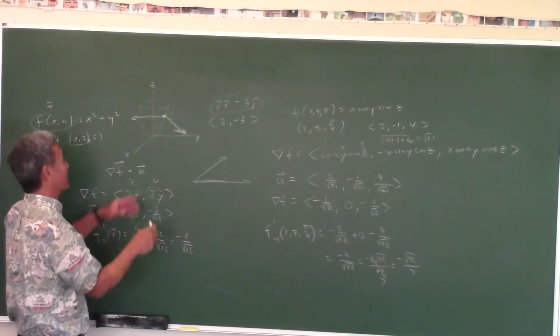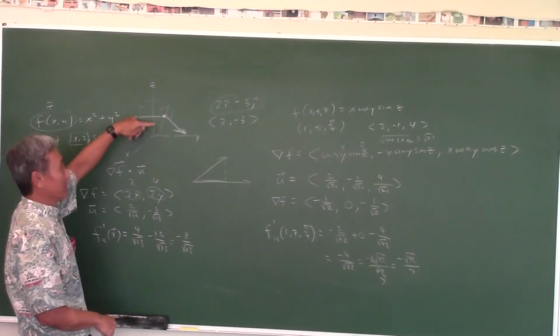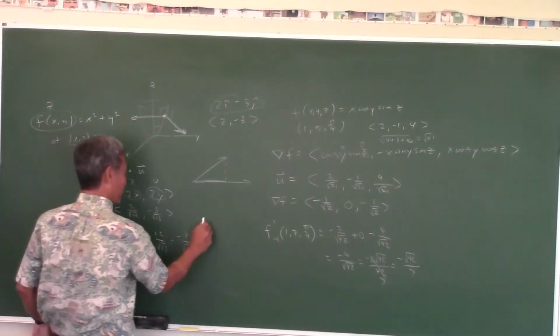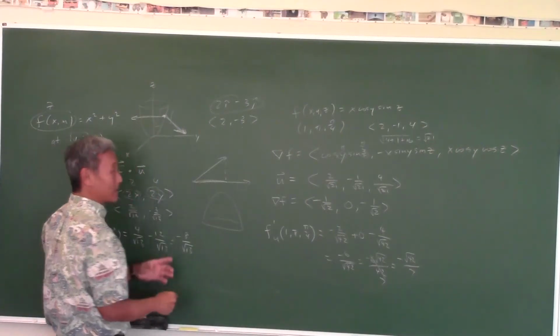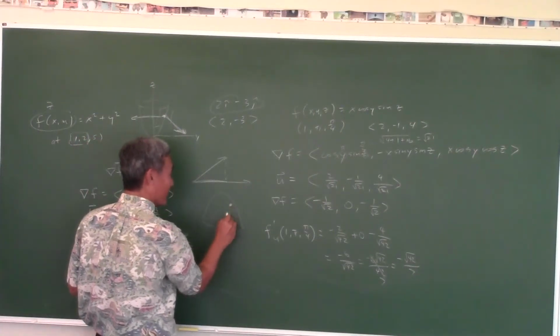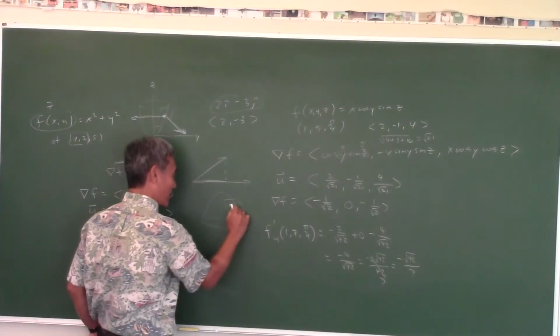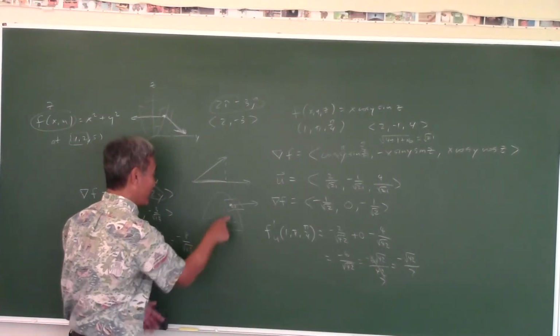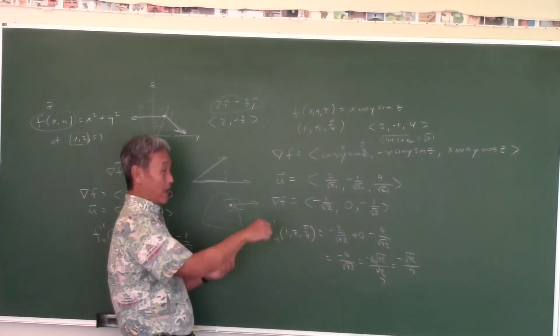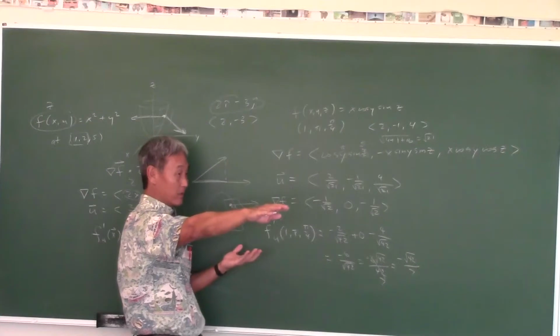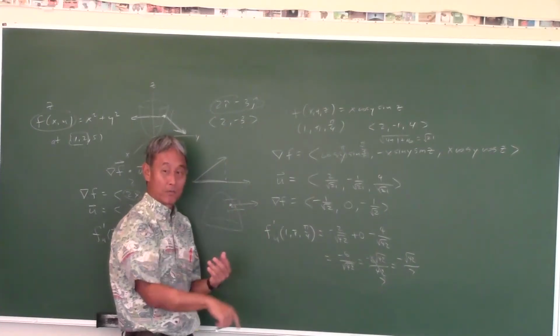Because for example, if you're standing on a mountain that looks like this, you're standing over here, hiking up the mountain. So here's the tangent plane, so the gradient is perpendicular to that. If you're standing there and looking in the direction of the gradient, that's where it's increasing most rapidly, right?